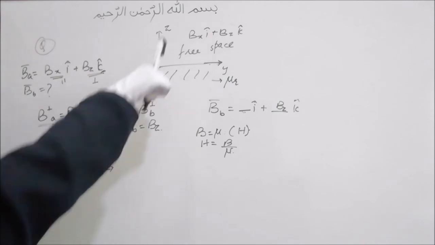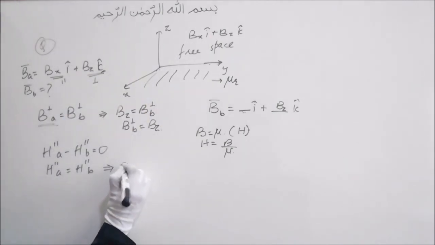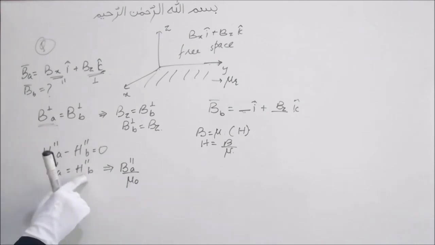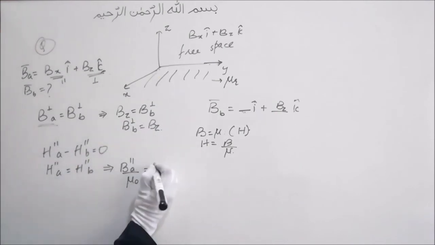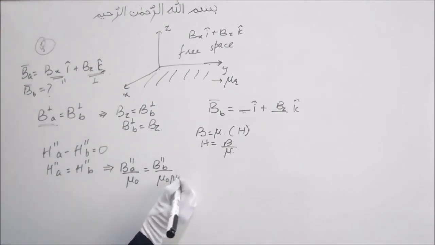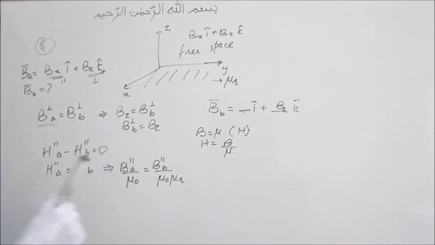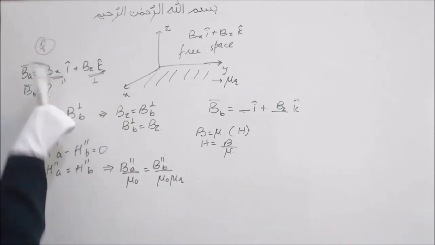So H parallel above, that is free space, we will have B parallel above upon mu naught. H parallel below, that is this magnetic material, we will have B parallel below divided by mu naught into mu r. Now what is B parallel above? It is Bx.